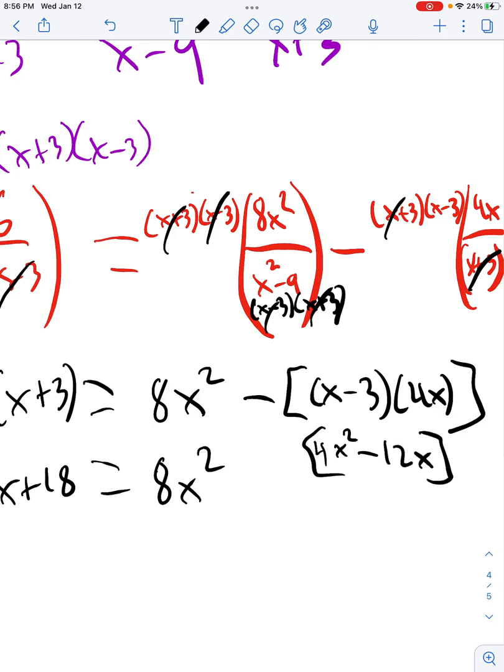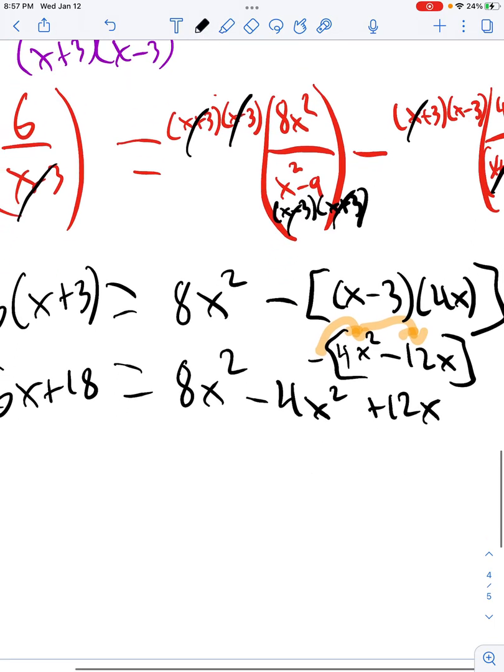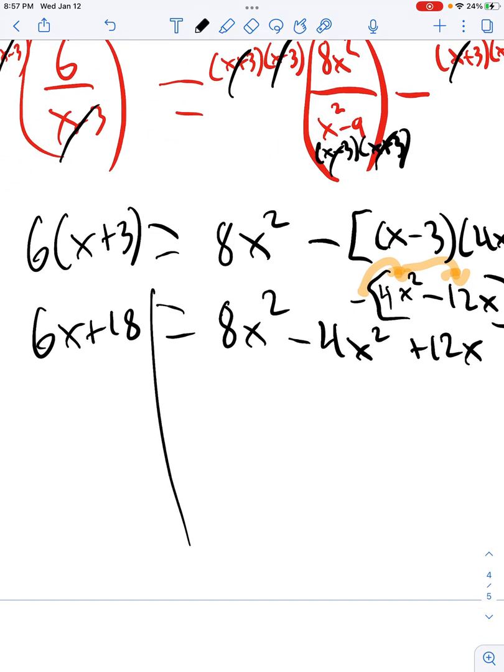And then negative 3 times x is negative 12x. So, and then this negative gets applied to the whole thing. So minus 4x squared, and that negative times a negative turns into plus 12x.